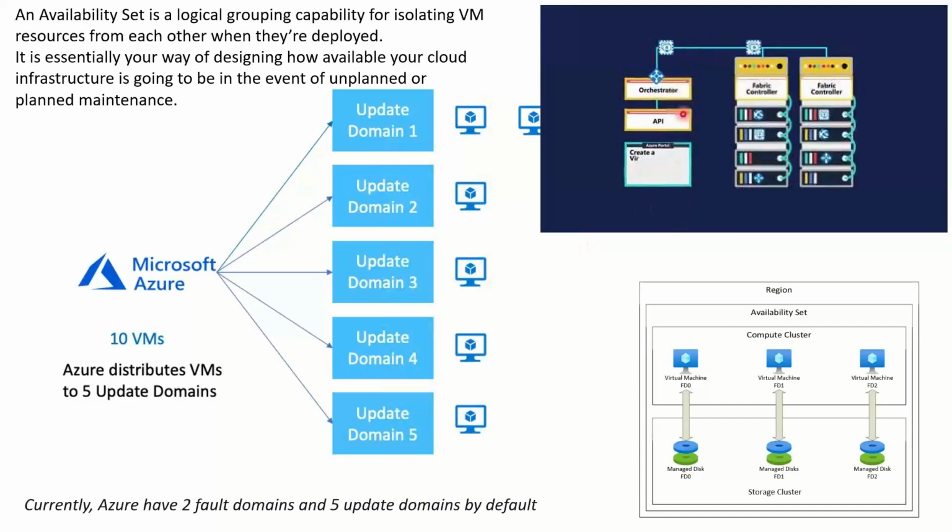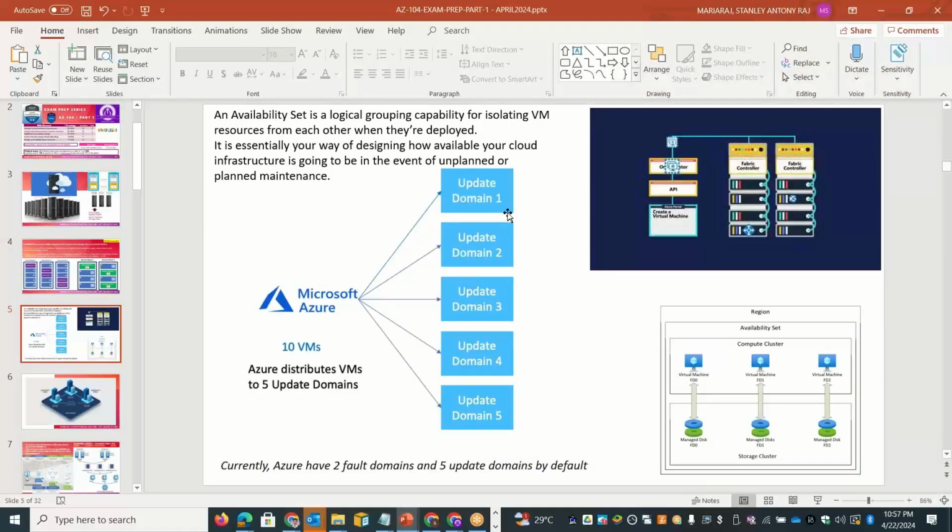If you look at things closely here, you can understand what happens behind the scenes when you're creating a virtual machine, a web app or a container. There is an API request that informs the Azure Orchestrator to place your virtual machine on a different rack or server using the fabric controller.